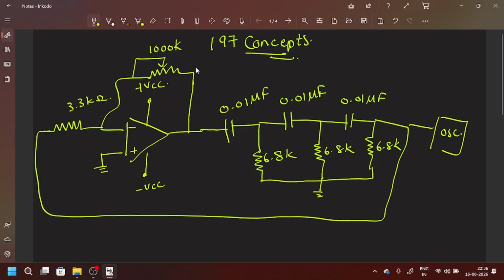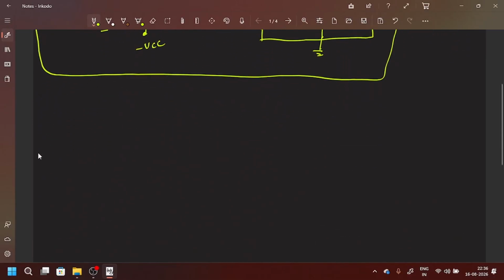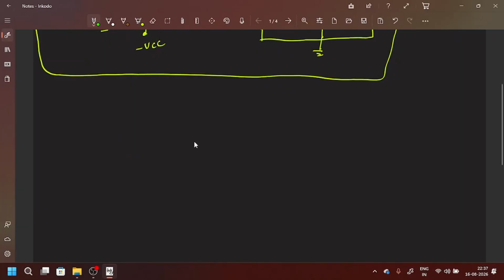Now we have to check the calculations and the frequency of oscillations. Theoretically, we are going to calculate it, and the formula that we know for the calculation is F equals 1 by 2 pi RC square root of 6.